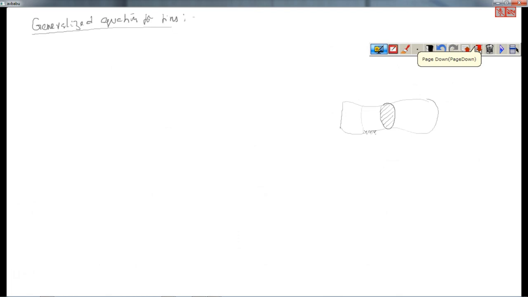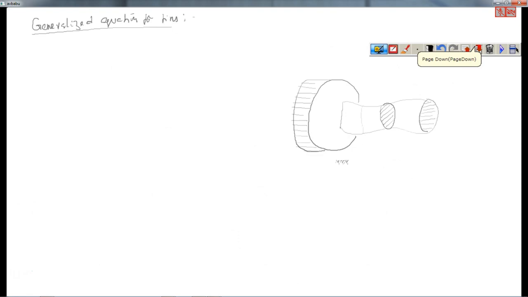This I have taken as a small element, and this is the end of the fin. This fin is attached to the base. The base looks like a circle, like this.